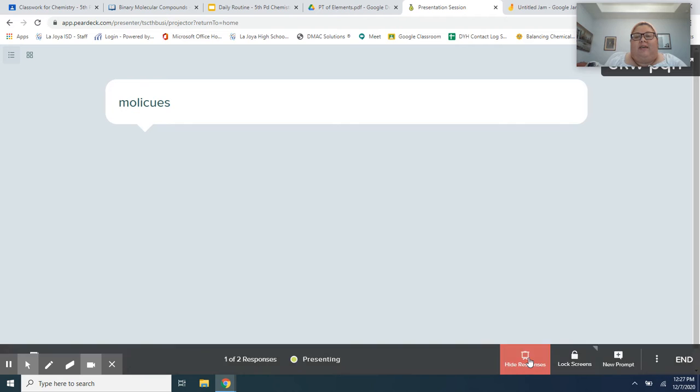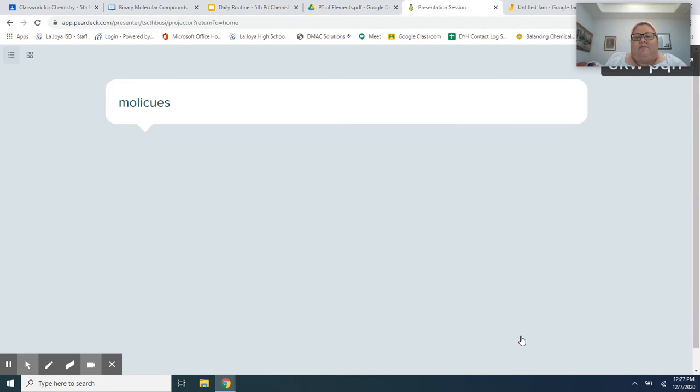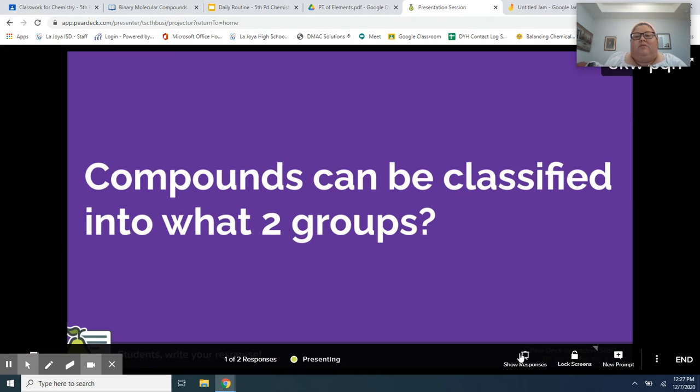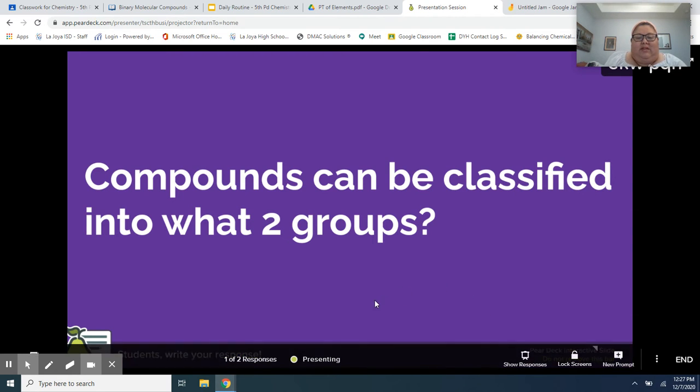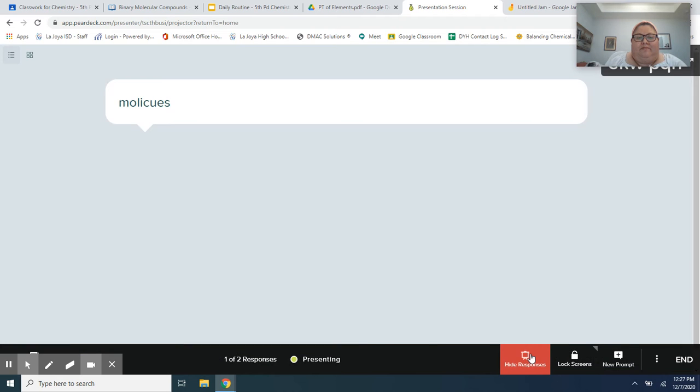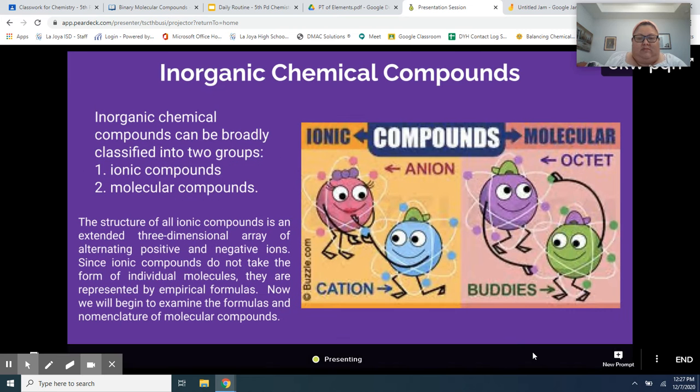Molecules. That's one type. Molecular, actually, right? Molecular. What was the type of compound we talked about last week? Where you have cations and anions. Anybody recall? What kind of compounds did we talk about last week?